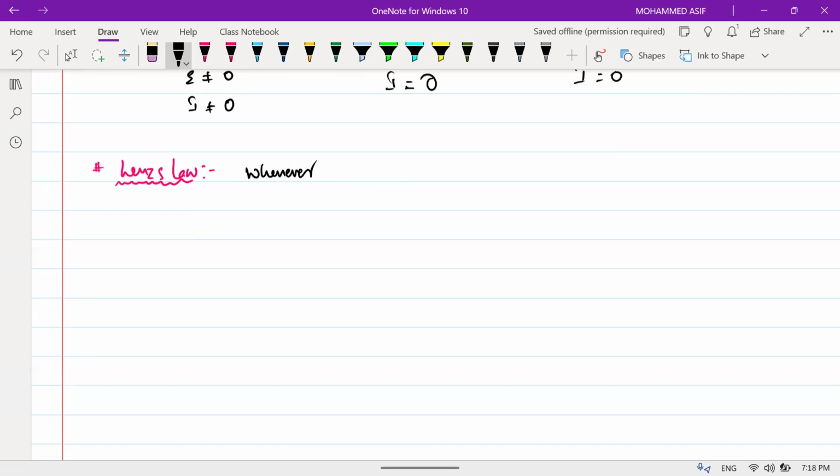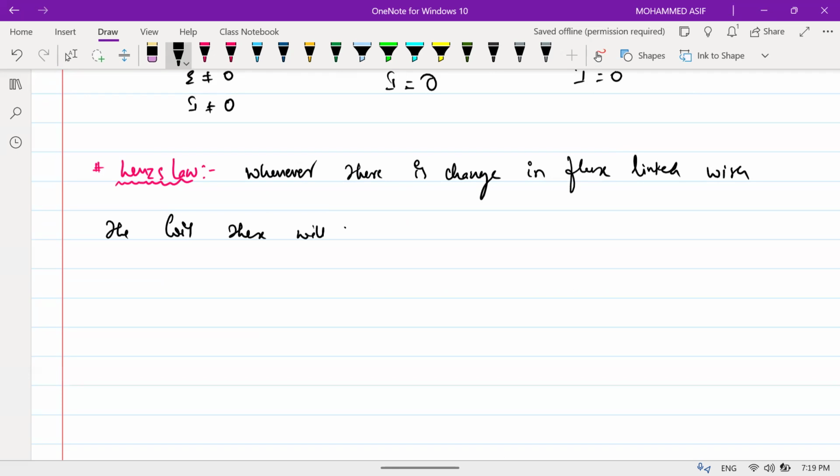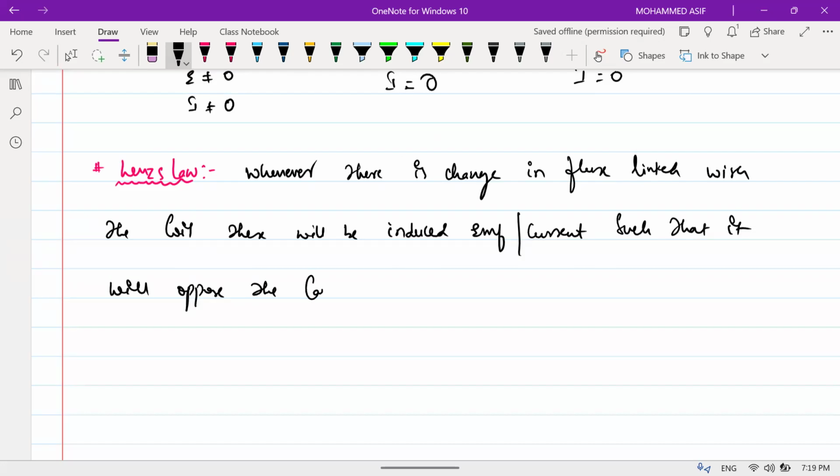Whenever there is a change in flux, flux meaning the magnetic field flux linked with the coil, there will be induced EMF or induced current, such that it will oppose the cause by which the change in flux is occurring.